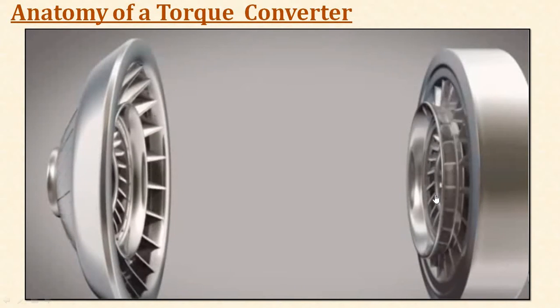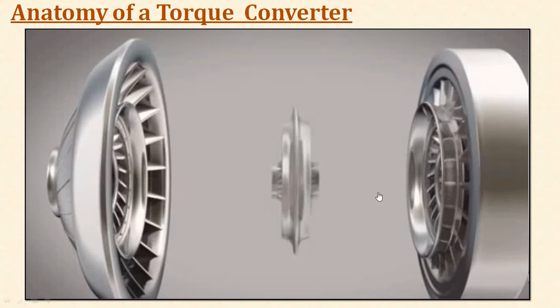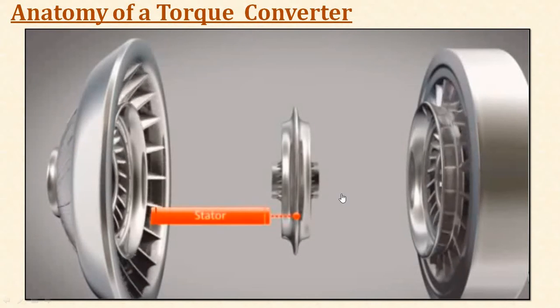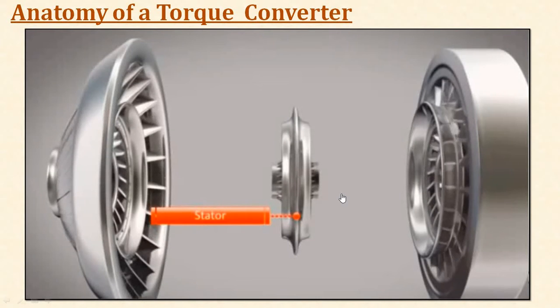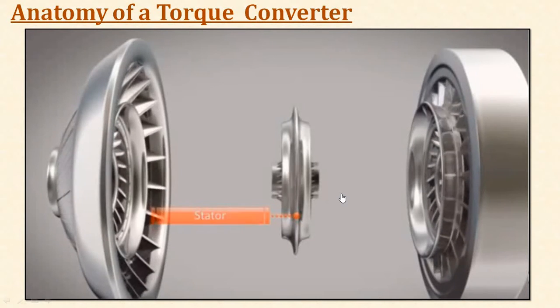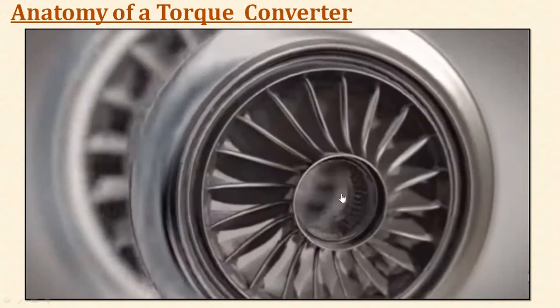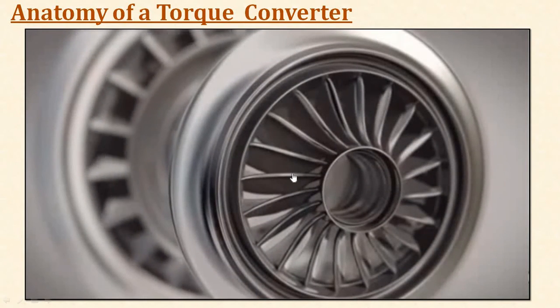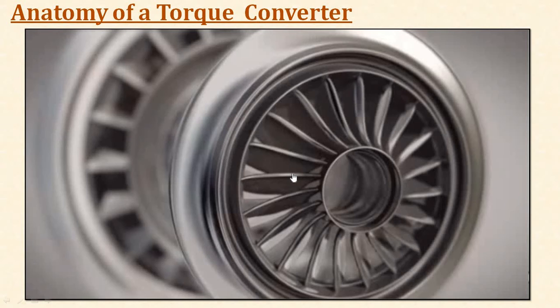This middle one is the stator. It is fixed in between the assembly, having an angle. So the additional stationary stator is a reaction member, and all members have blades or vanes of specific shape.